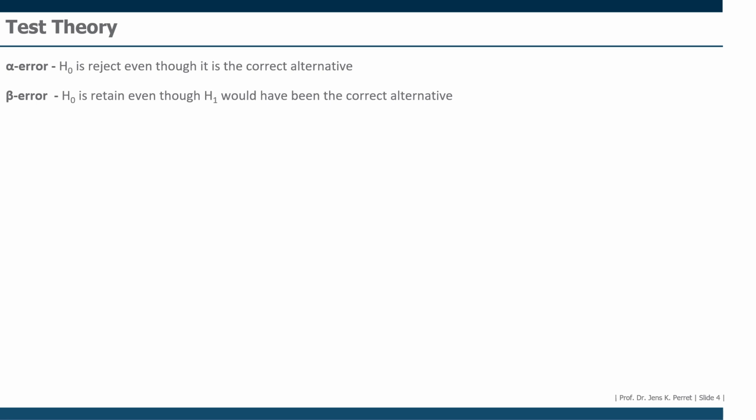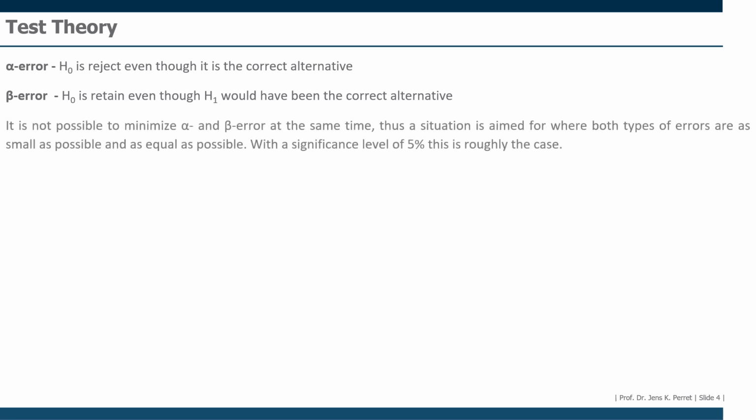Whereas the beta error, that's the error we make if we retain H0, even though H1 might have been the correct alternative. So that's also an error we want to keep as small as possible. But the downside to all of this is if we decrease the alpha error, the beta error will increase. And if we decrease the beta error, the alpha error will increase. So there's no good way to push down both types of errors.